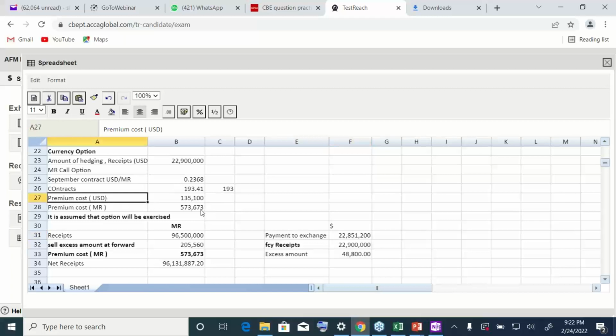Okay, how have I calculated the premium cost? It has a formula: number of contracts into contract size into premium, divided by 100. The answer will be in foreign currency, so I have to divide by the exchange rate to convert it into local currency. So 573 is in local currency. Why are we dividing by 100?